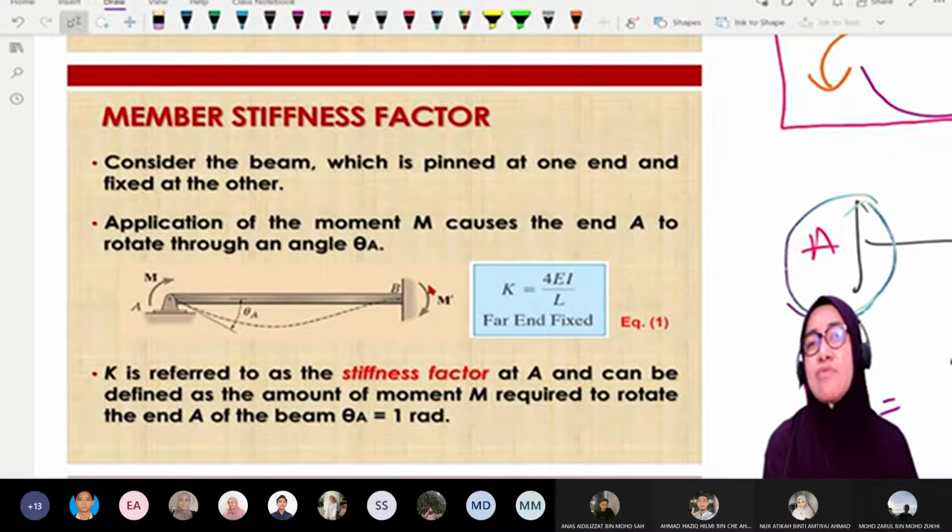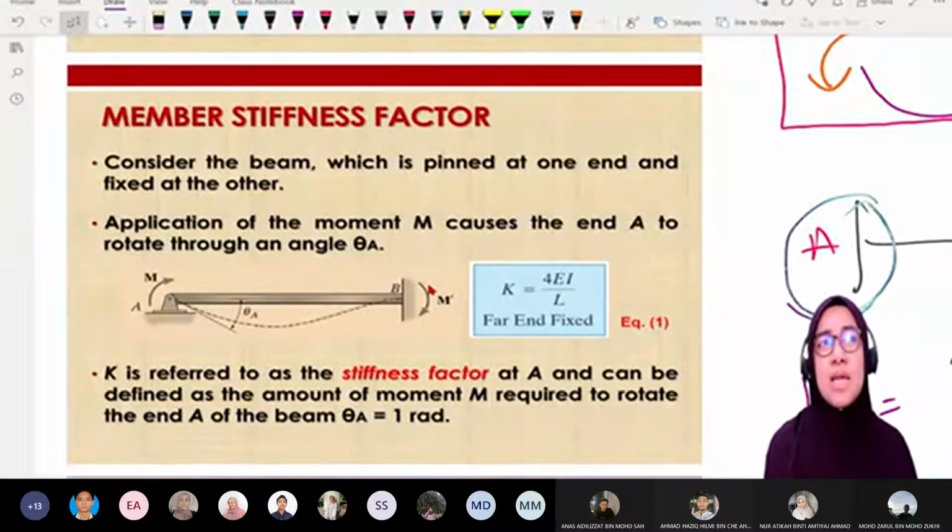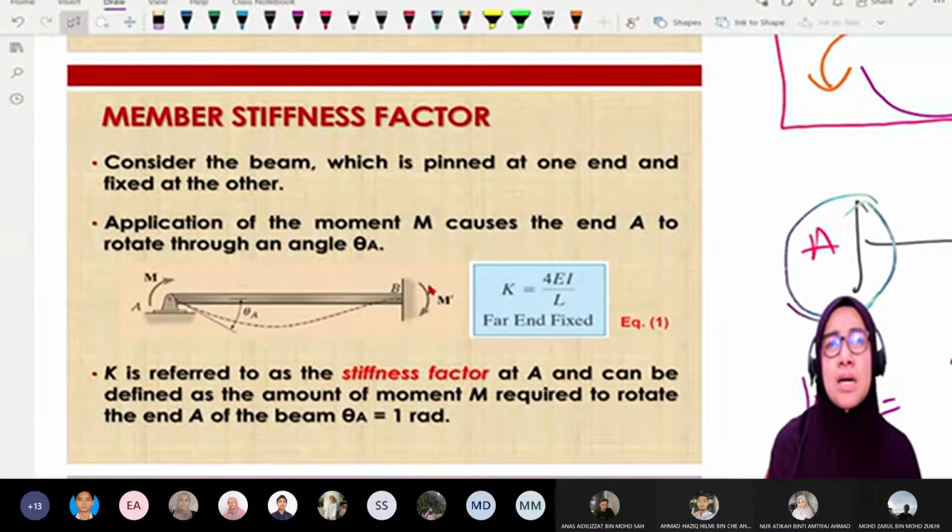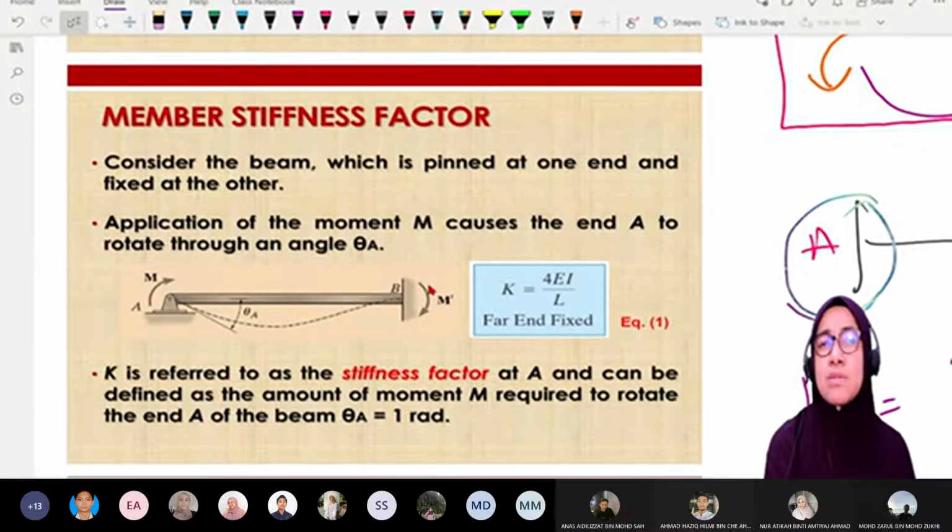Okay, negative positive. So the beauty of structural analysis ni bila kita do calculation, so all the calculation tu can be illustrated, can be represented by diagram. So ada diagram dan ada justification. Kenapa diagram macam ni, kenapa direction macam ni. So that is the beauty of structural analysis.